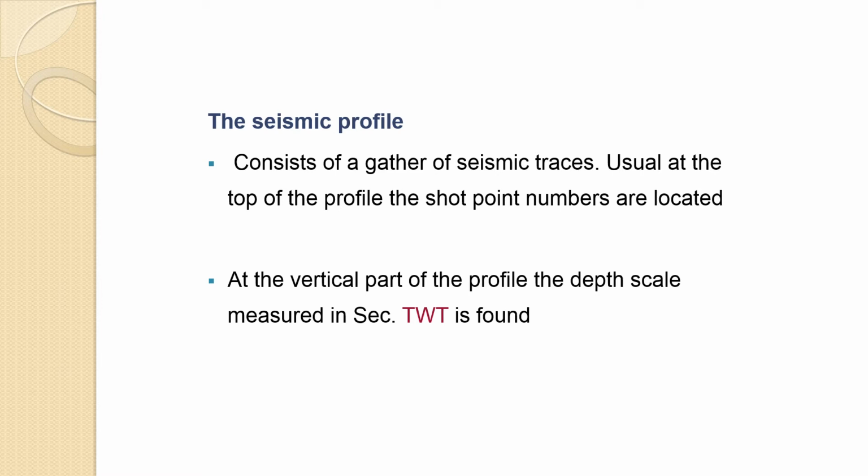So the wave is traveling from the source down to the specific interface and reflected back to the geophone in what is called two-way travel time. So if this wave is traveling to the interface in 2 seconds, you will receive it in 4 seconds. Okay.